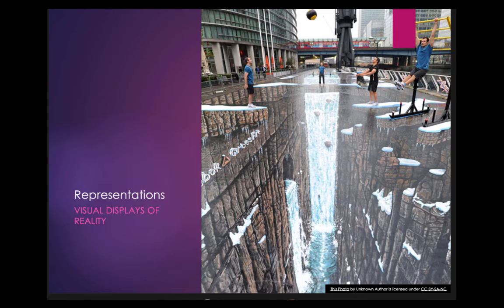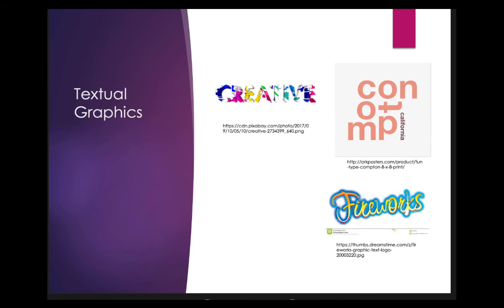Representations are the third category of visual aids, and they're various visual portrayals of reality. That's how we define representation. And we'll examine 4 or 5 of these now. The first one is textual graphics. These are visual displays of text that convey the meaning of the word in the artistry of the letters.